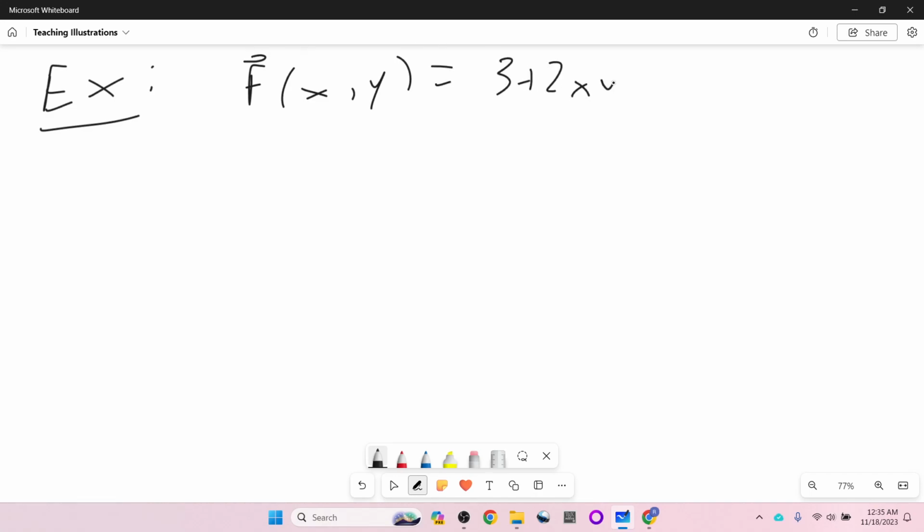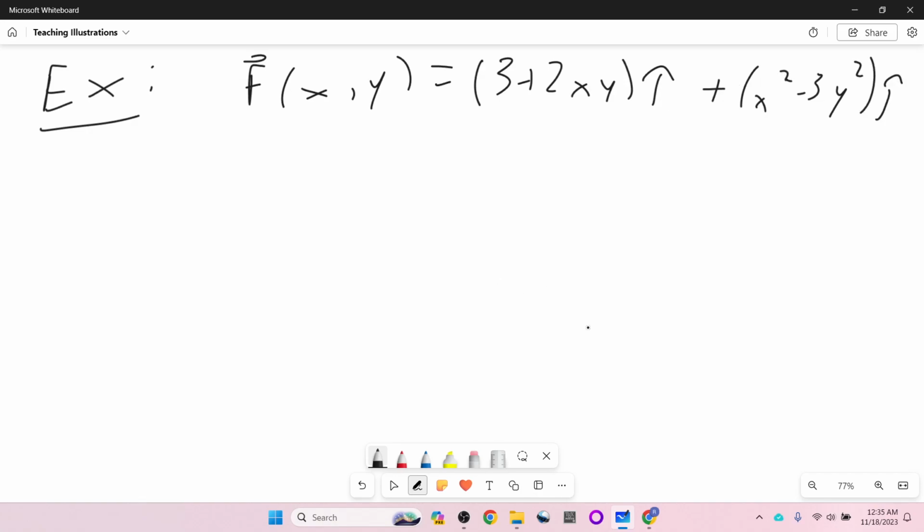There is an alternate method for doing this problem. Let's look at that last example again. I would say F of x, y is 3 plus 2xy i plus x squared minus 3y squared j.